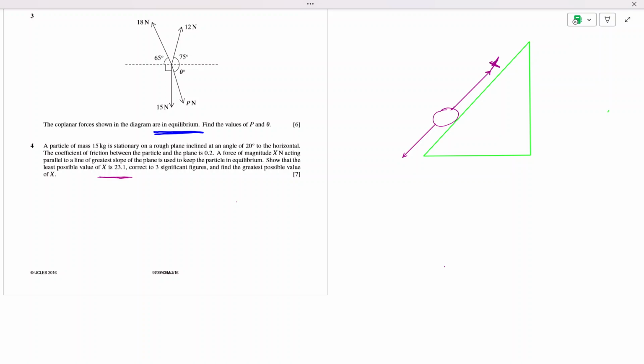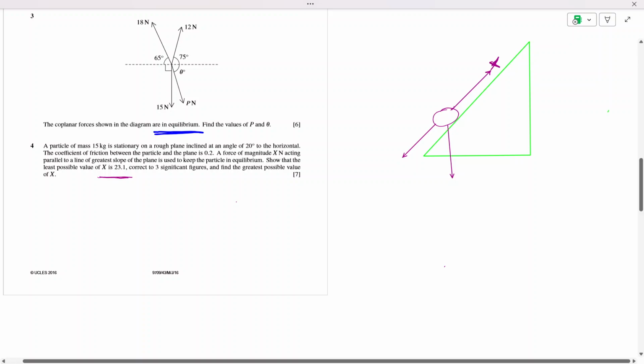What's acting down the plane, parallel to the plane, is the downward component of the weight. Remember, we know that the weight always acts vertically down.